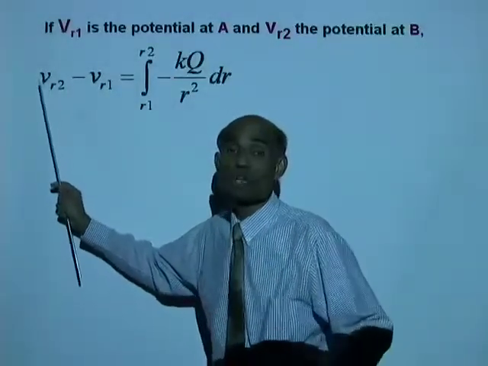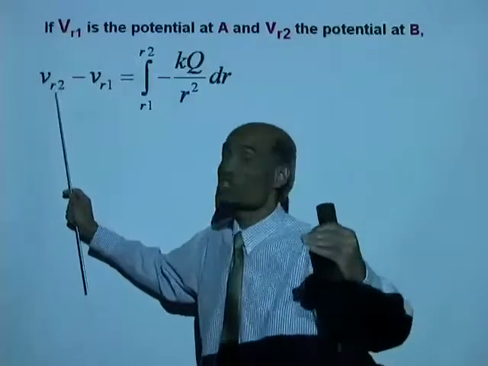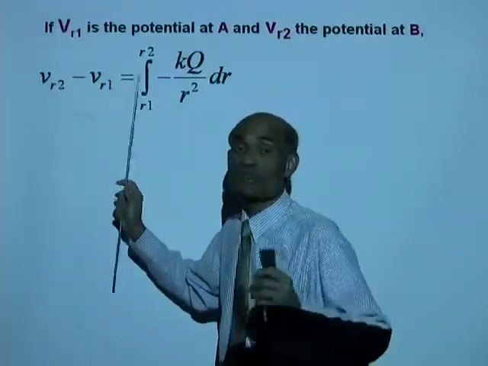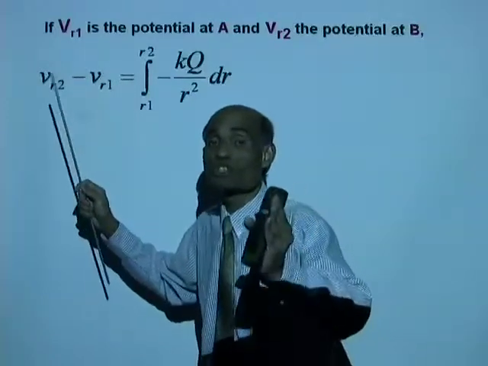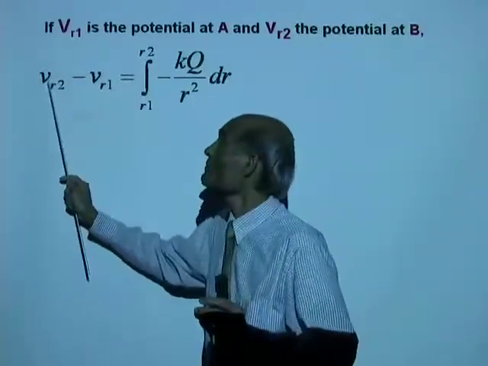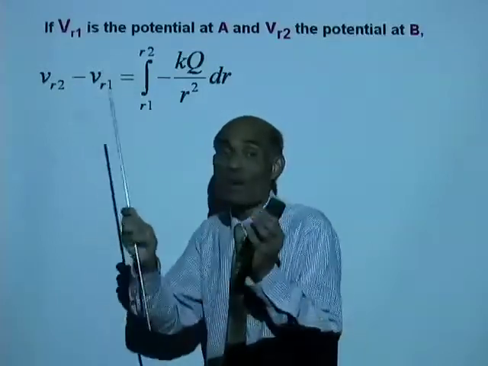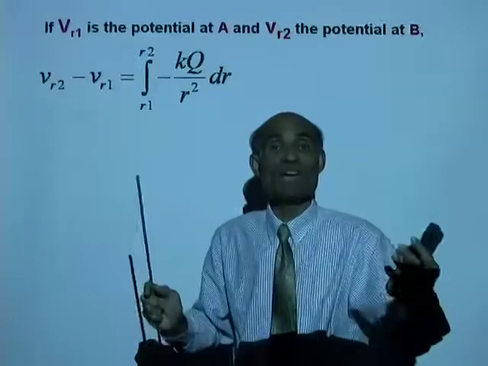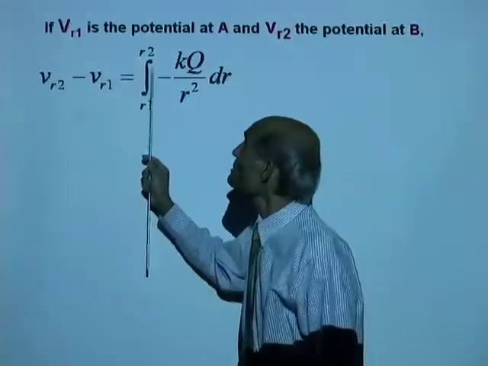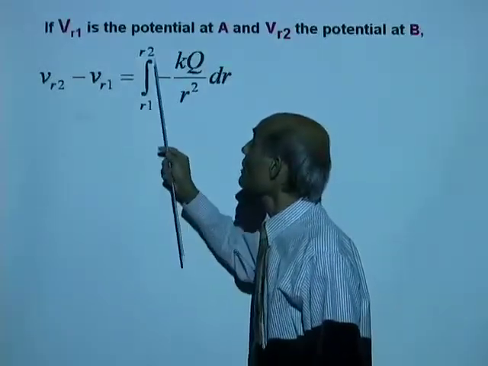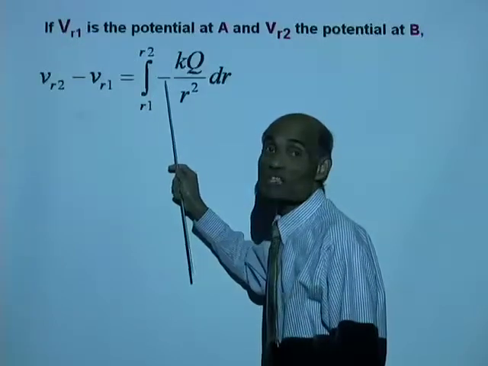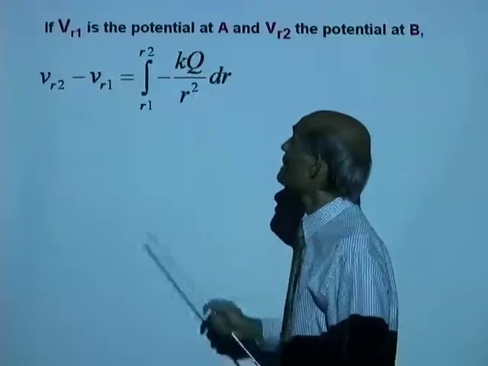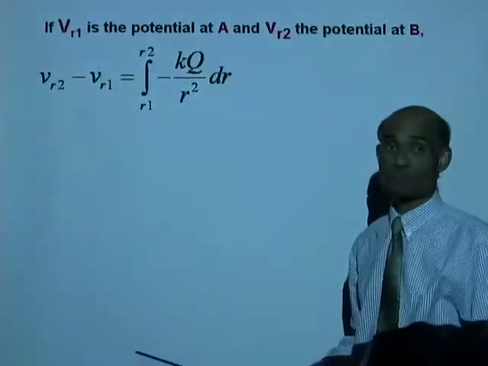V(r2) is the potential at a point distance r2 from the charge. V(r1) is the potential at a point distance r1 from the charge. V(r2) minus V(r1) is a measure of the potential difference between the 2 points A and B, equal to the integral from r1 to r2 of negative E dr, negative kq over r squared dr.